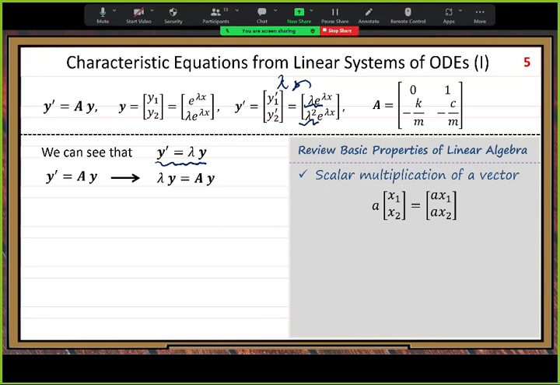So when we have new different rules, I want to point it out. Here, one dangerous operation is: don't cancel out y on both sides. In algebra, probably you want to cancel out, right? But in linear algebra, it's dangerous.